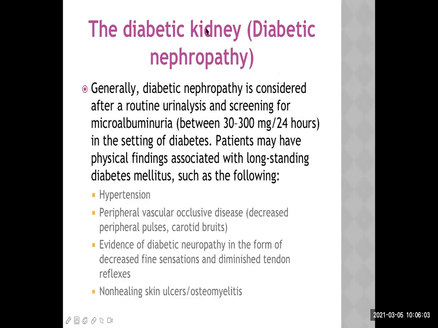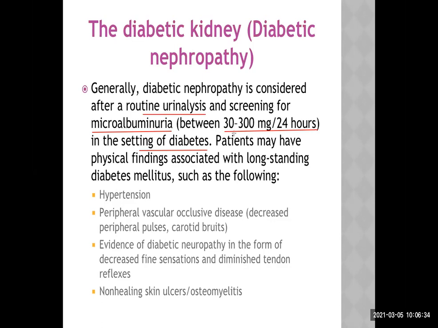Now, generally, diabetic nephropathy is considered after a routine urine analysis and screening for microalbuminuria between 30 to 300 milligram per 24 hours in the setting of diabetes. So see there, this is microalbuminuria. More than 300 milligram per 24 hours is a definite proteinuria. So this always starts like that.